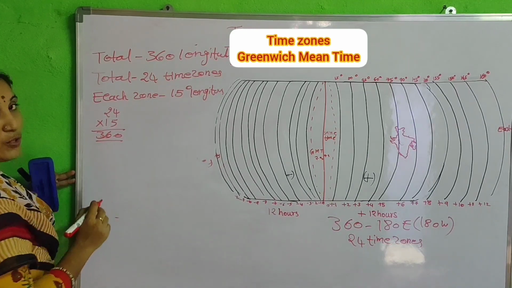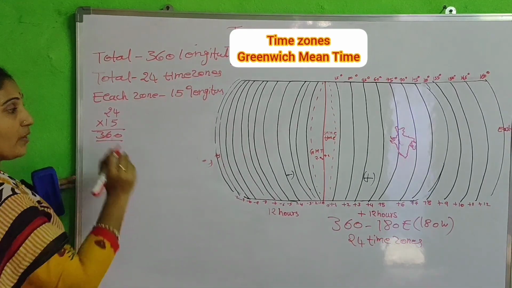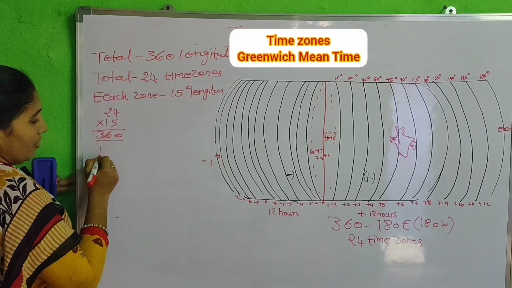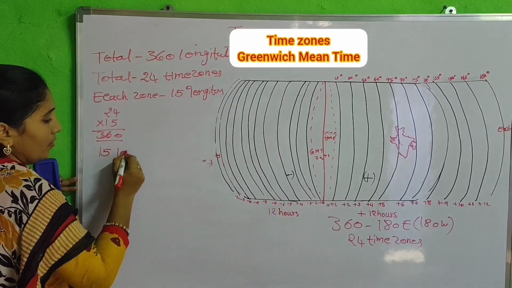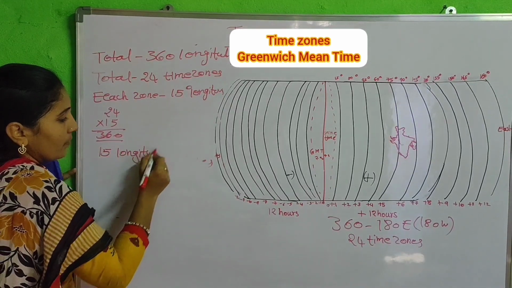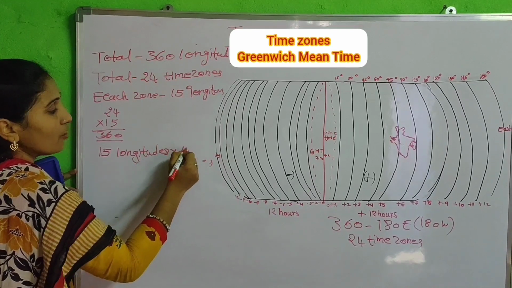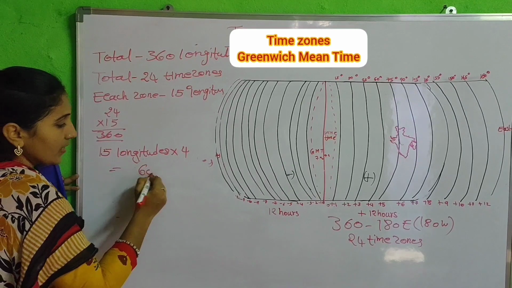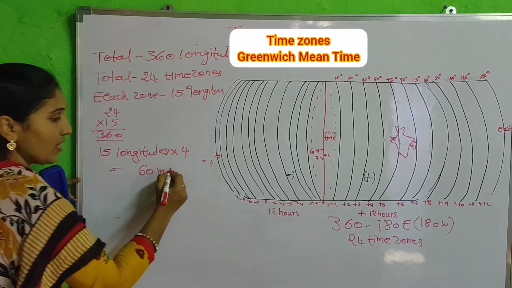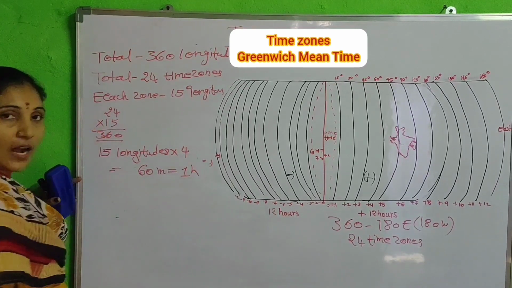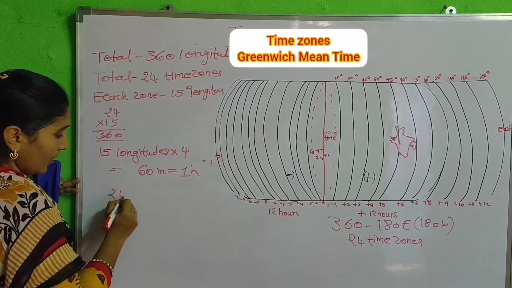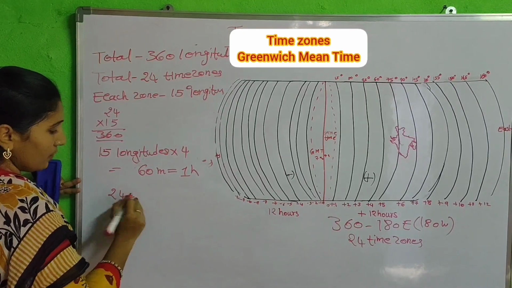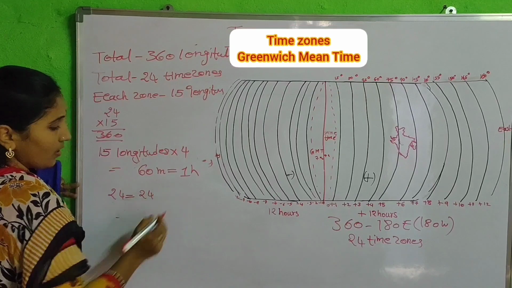Now, each time zone is taking, see, 15 longitudes into 4. Then we get 60 minutes, which is equal to 1 hour. Means 24 time zones equal 24 hours.